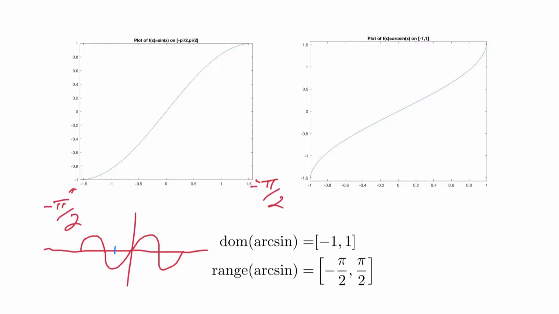I'm only plotting it in this domain. Notice that in general, this will fail the horizontal line test, mainly due to periodicity. That's really what's ruining the trig functions having well-defined inverses, this periodic structure in the functions.